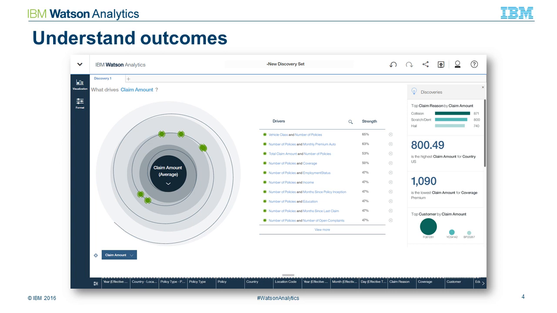So you can start to uncover what does drive response. Who is responding to my campaigns, or what's driving customer churn? Why are these customers leaving? Is there a specific profile of customer type that I need to be potentially targeting? And so Watson Analytics does allow you to discover those key drivers in your analysis.